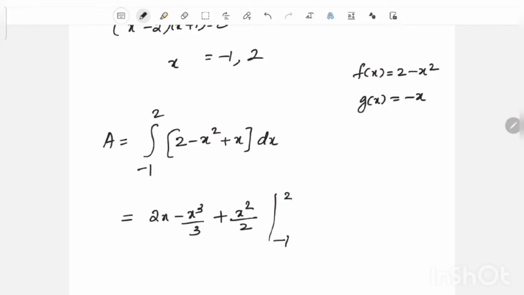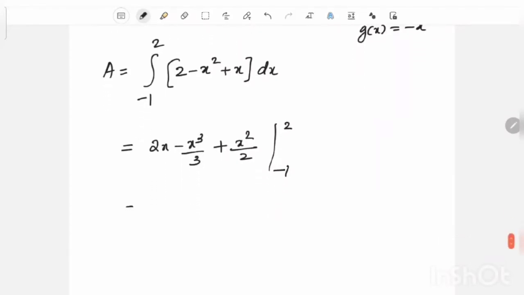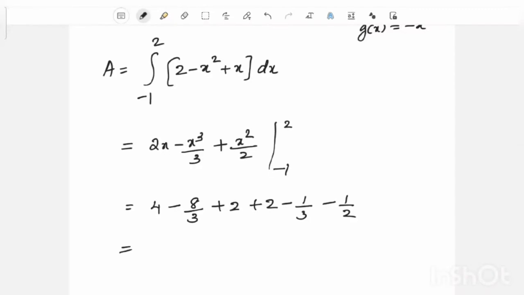Substituting values minus 1 to 2, we have 4 minus 8 by 3 plus 2, minus, minus 2 plus 1 by 3 plus 1 by 2, which is equal to 27 by 6.